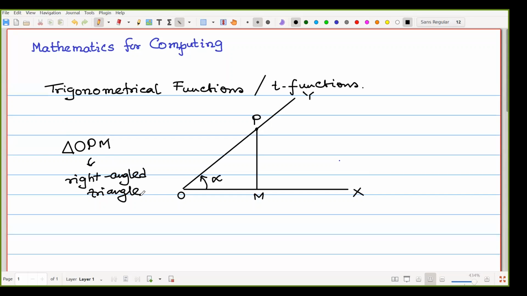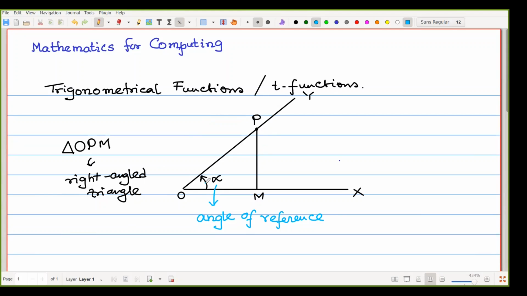That angle alpha is taken as an angle of reference. That means whatever the functions we are declaring here, that is based on that particular angle alpha. That's why it is called as an angle of reference.